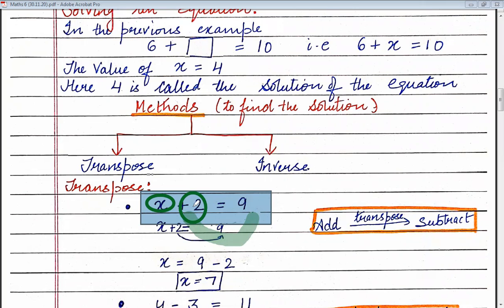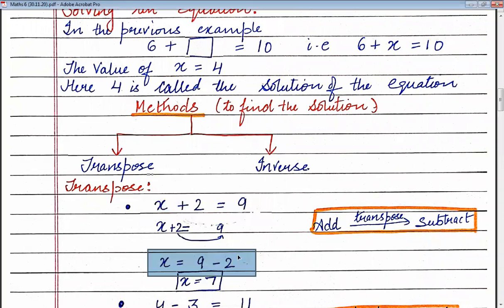Now children, when we send plus 2 to the right hand side, it will change its sign. Plus 2 will go to that side and become minus 2. So be careful, when a plus constant goes to the right hand side, it will change its sign.